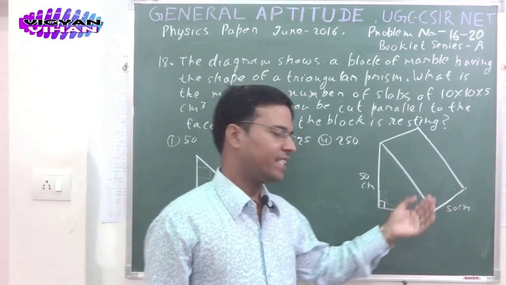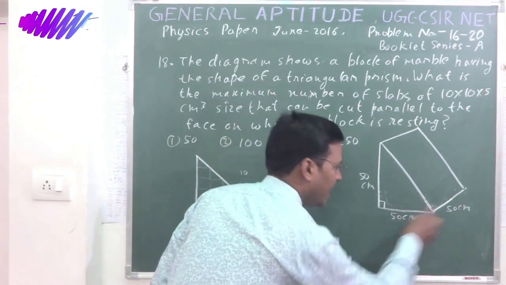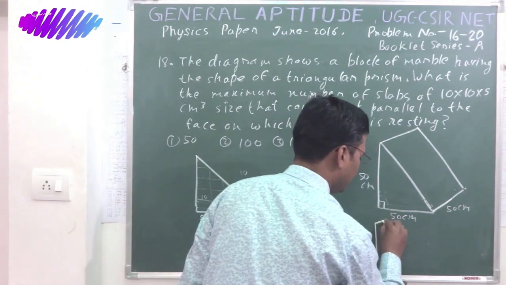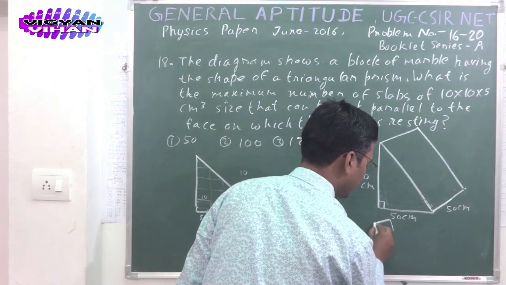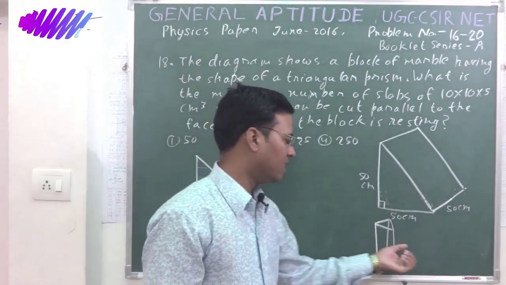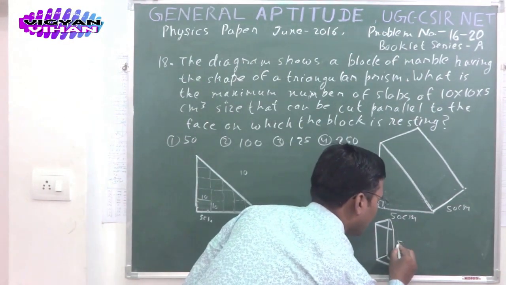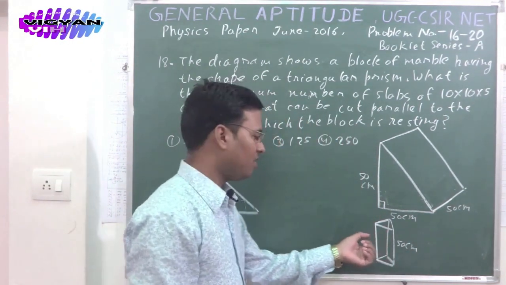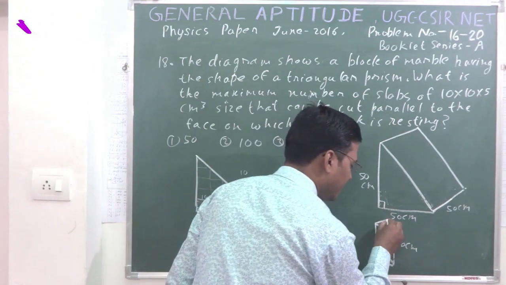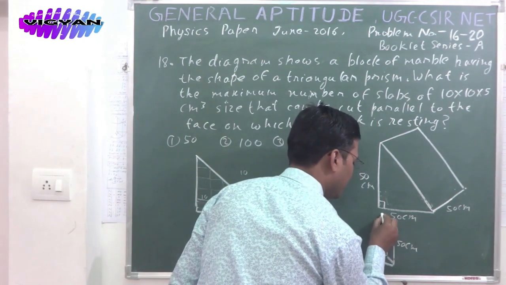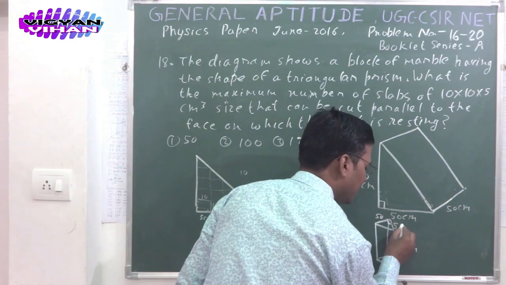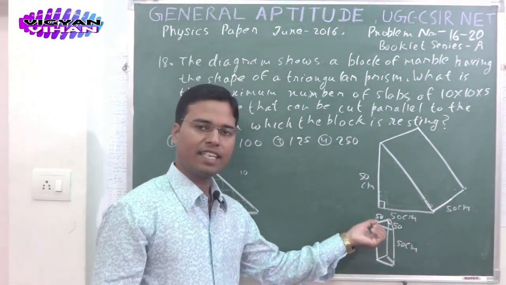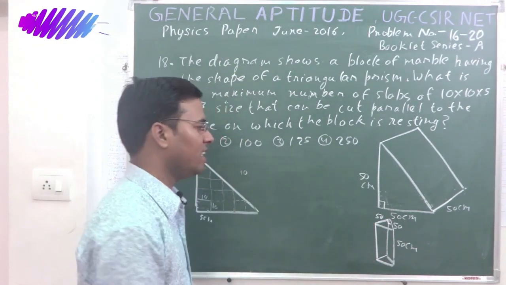We will assume it in next figure as height such that the prism is made like this. In that condition, this height is now 50 centimeters. One side is unknown, but there is a 90-degree angle between the 50 centimeter and 50 centimeter sides of the triangle. The triangle is a right angled triangle.